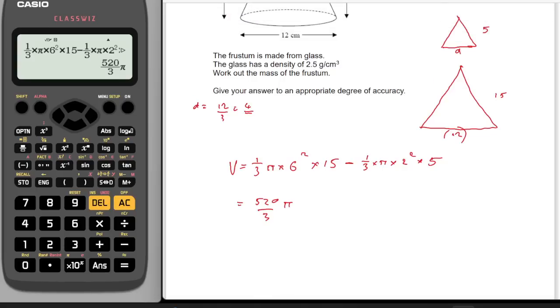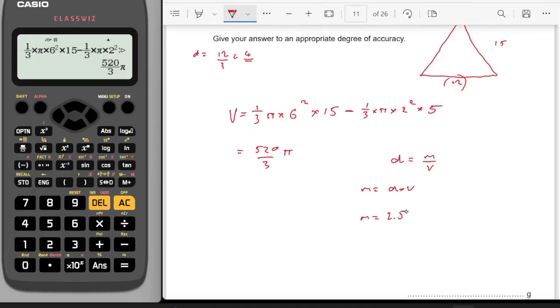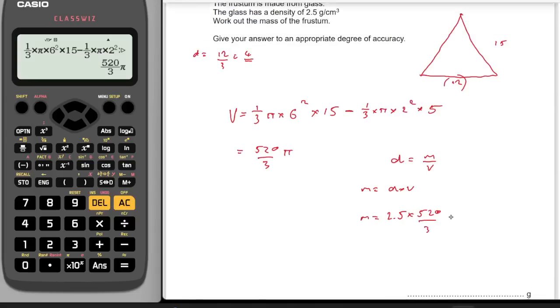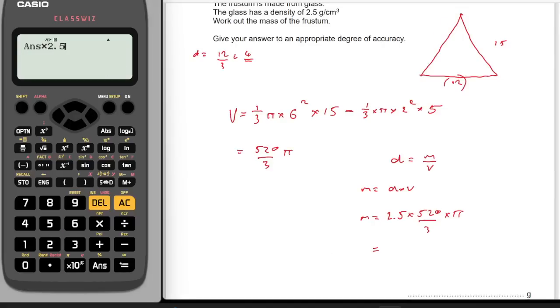So the formula that I remember is density is equal to mass divided by volume. So if I want to work out the mass, I'm going to do the density times the volume. So for this shape, the mass is going to be equal to 2.5 times the volume, 520 over 3 times pi, which is equal to that times 2.5.